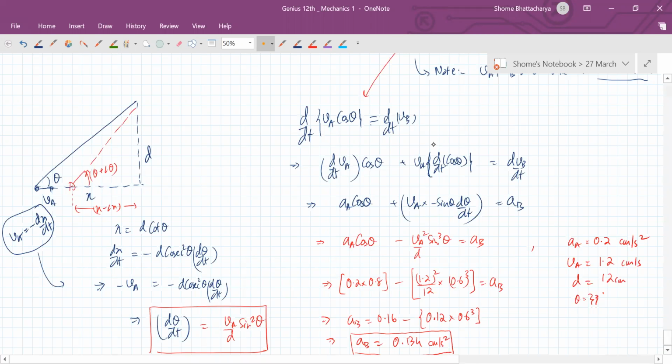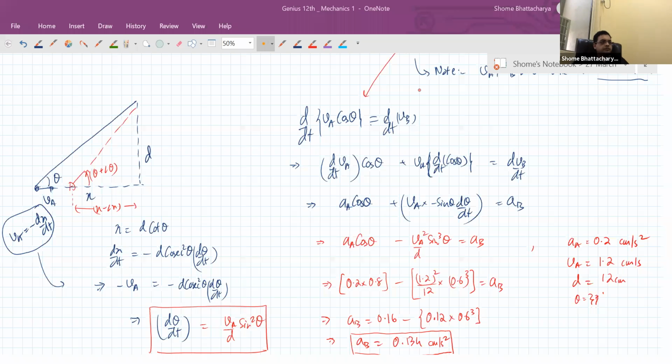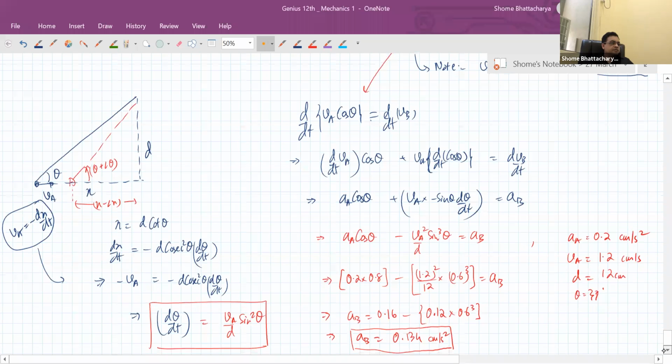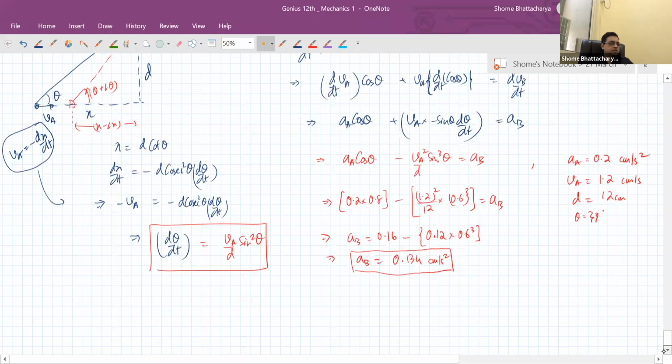Yes, good. Okay, so this approach and separation velocity business can be used in a number of places.